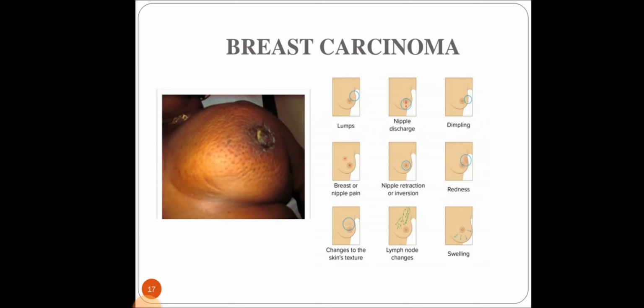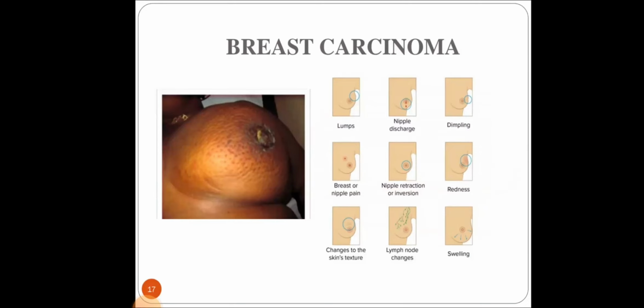Then quadrantectomy, so as the name suggests, the quadrant in which the tumor is situated, that particular quadrant is being removed, that is quadrantectomy. Then total mastectomy and axillary clearance, that is the entire breast tissue will be removed, and both the pectoralis major and minor will be preserved.